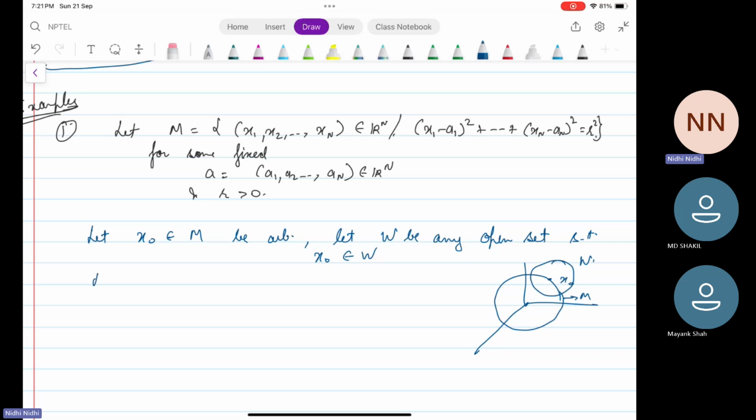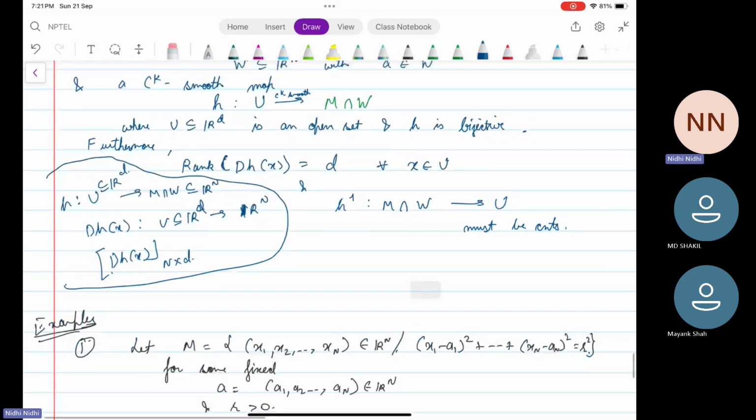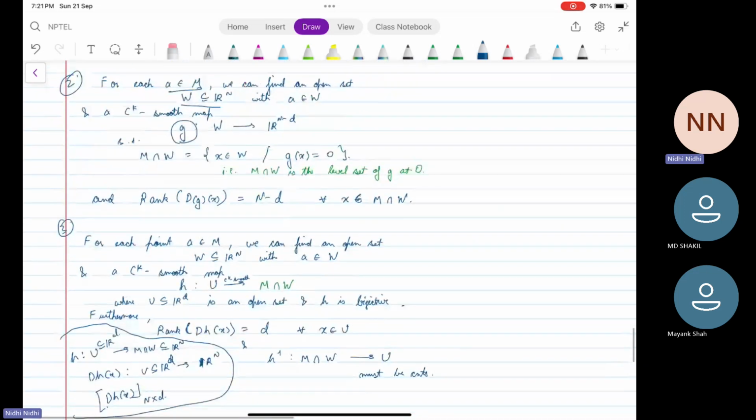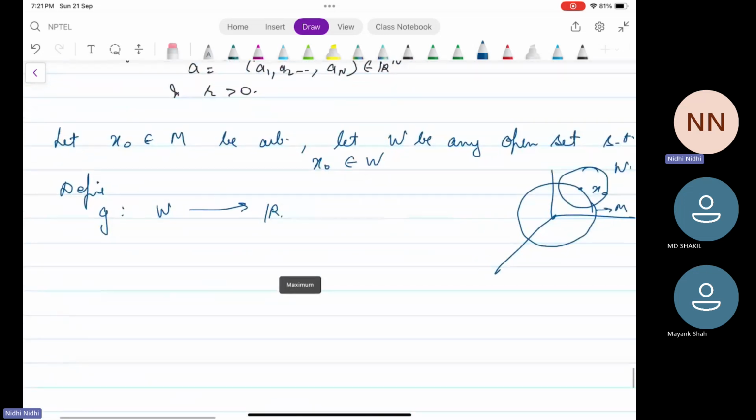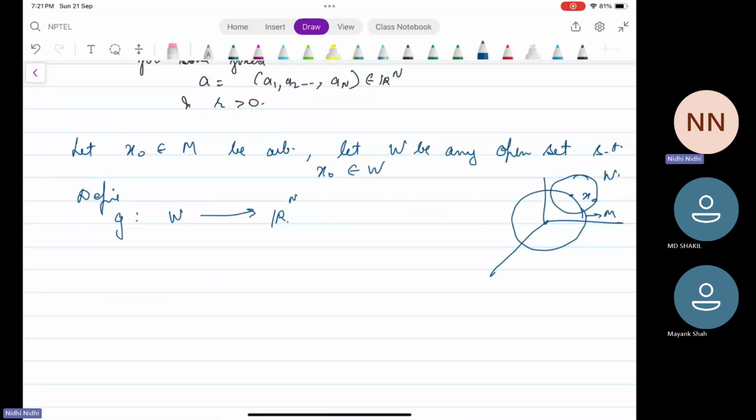Now we define G from W to R^(n minus d). In our case, d will be n minus 1, so this is R^1, which is just R. Any point x in W is just an n-coordinate vector.